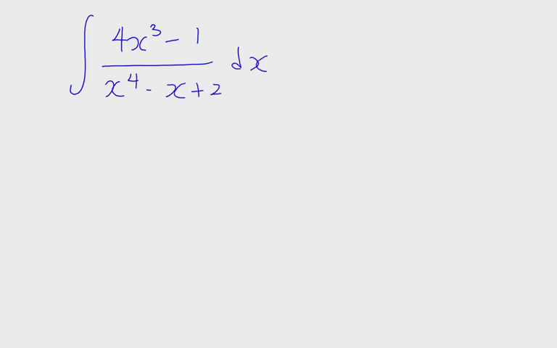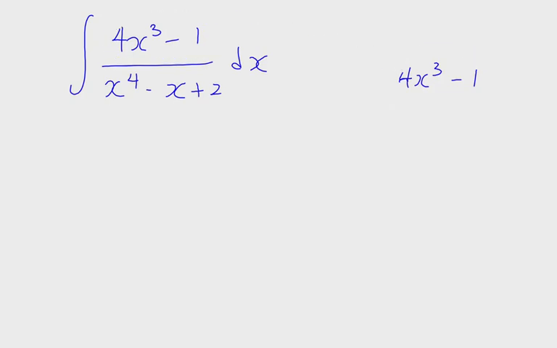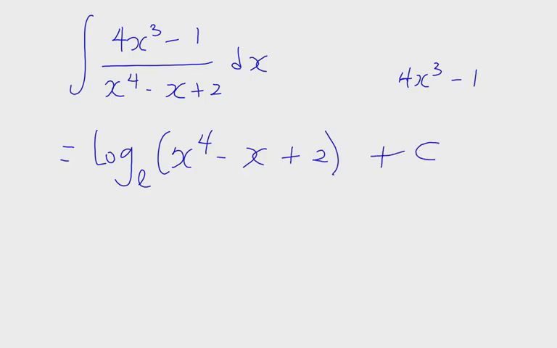If you look at this, the derivative of the denominator function, when you differentiate it, is 4x raised to 3 minus 1. And that derivative is what we have on top here. That means this will now be natural log of x raised to 4 minus x plus 2, and then plus c.